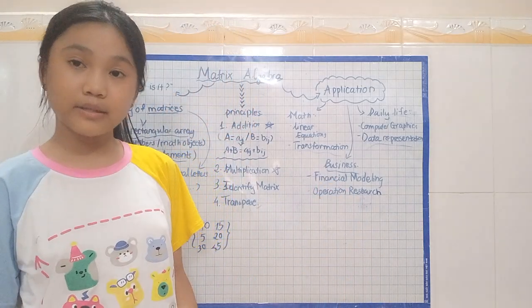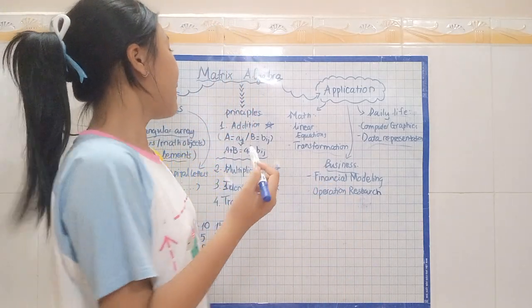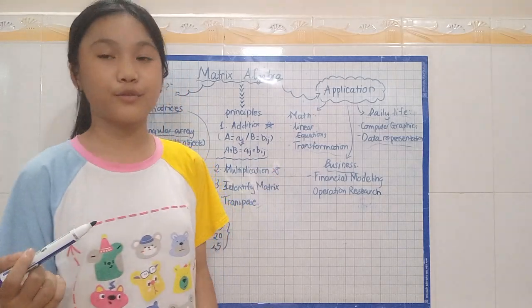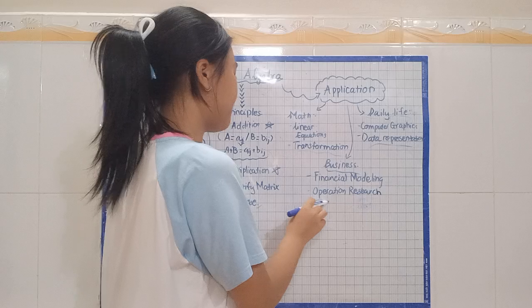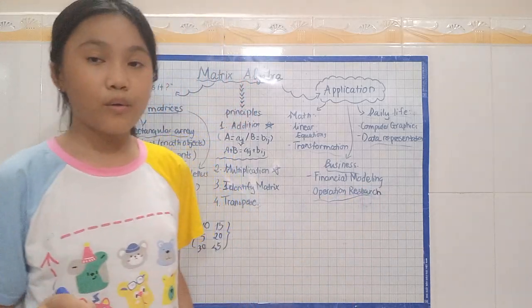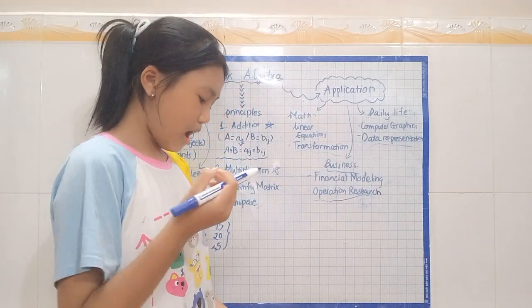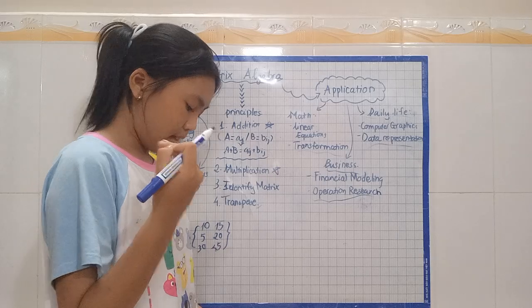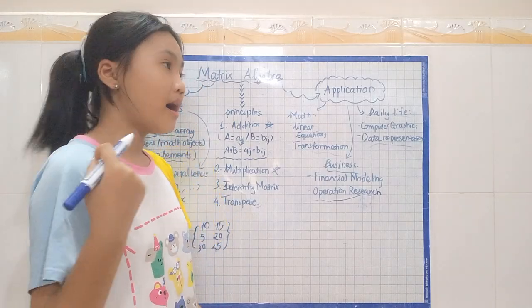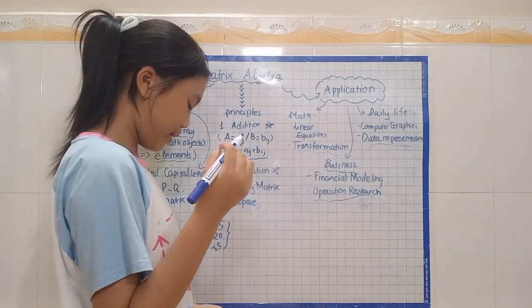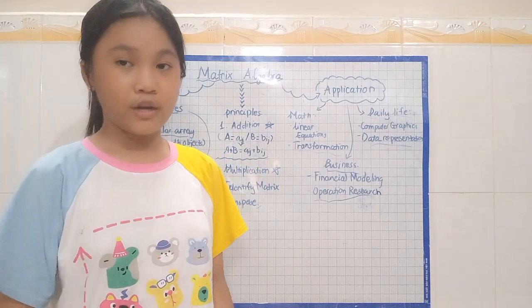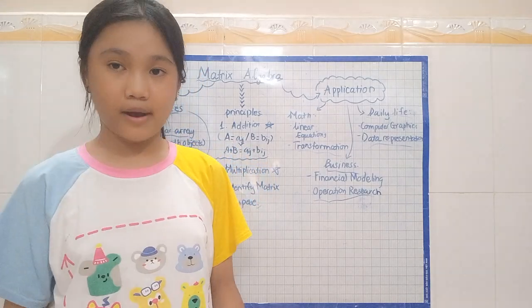Financial modeling is really important, and by applying matrix algebra it could be much easier. Lastly, operations research. It could be really helpful. It could optimize logistics, supply chain management, and resource allocation through matrix algebra.